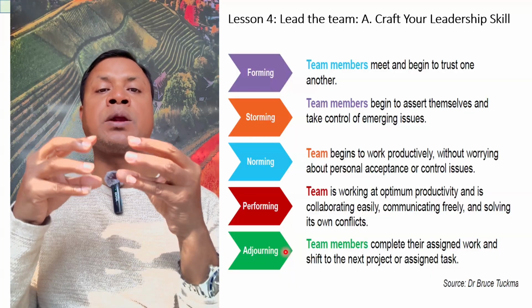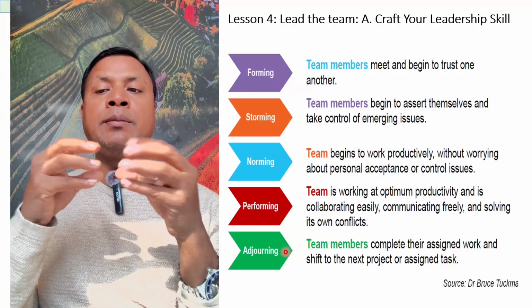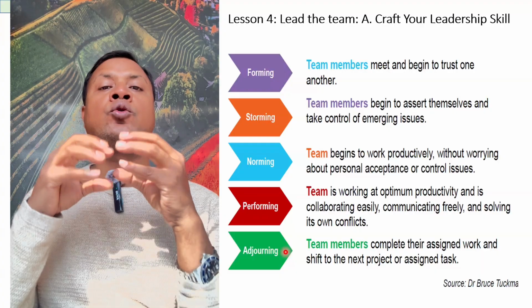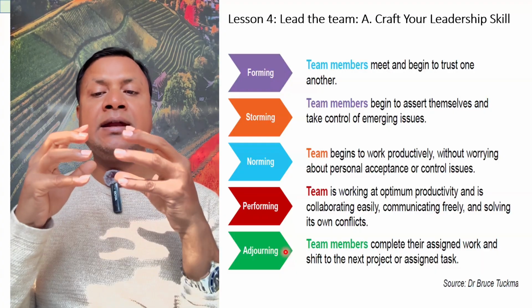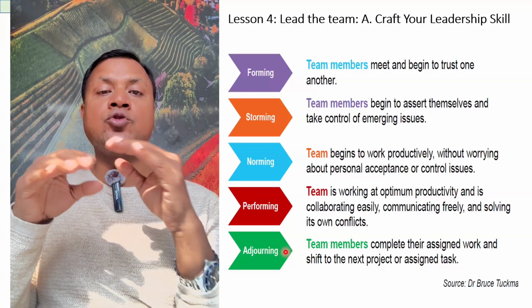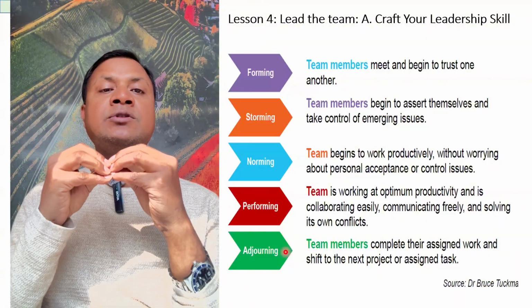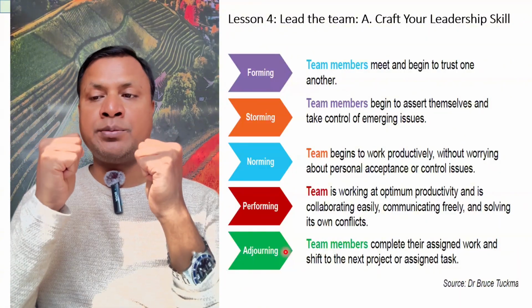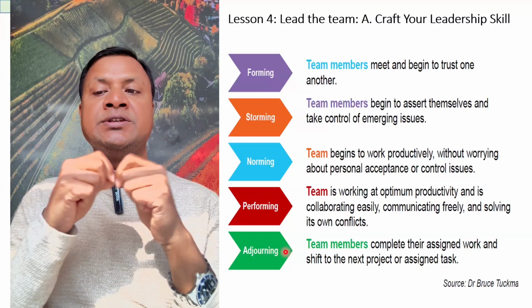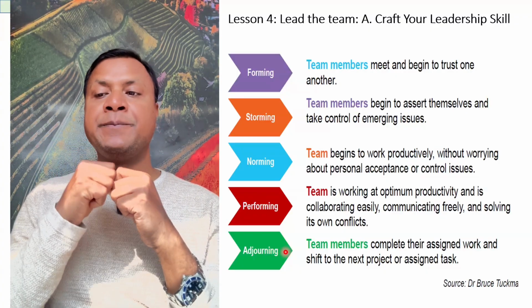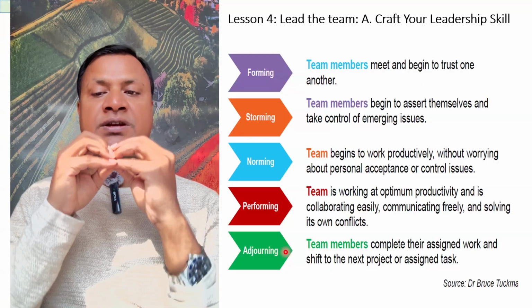The team begins to work productively without worrying about personal acceptance or control issues. And then comes performing. Everyone is ready to give full effort. Now the team is working with optimum productivity, collaborating easily, communicating freely, and solving its own conflicts.